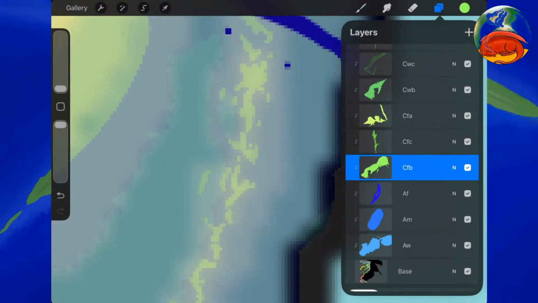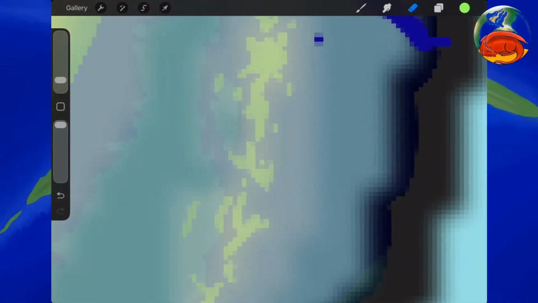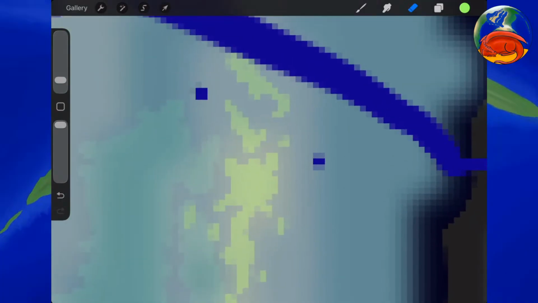And we can do a little bit of pruning in there.